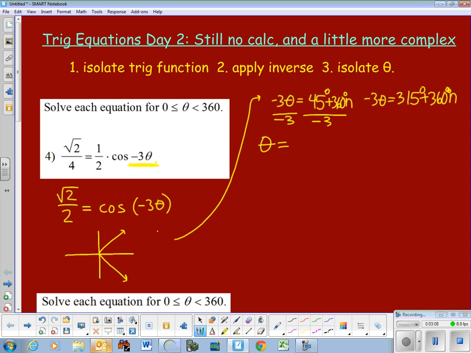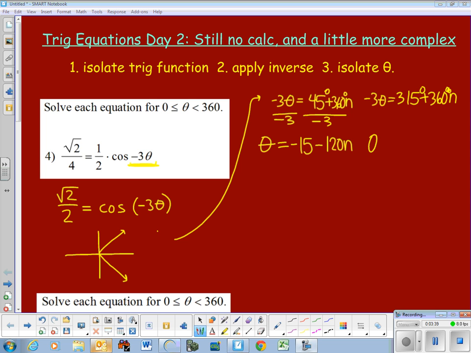So in this first equation, I get 45 divided by negative 3, which is negative 15, plus 360n divided by negative 3, which makes that negative 120n. So I'm approaching this as if I'm finding the infinite number of solutions, but then I'm going to let n be 0 and 1 and all those numbers to get the ones that fall between 0 and 360.